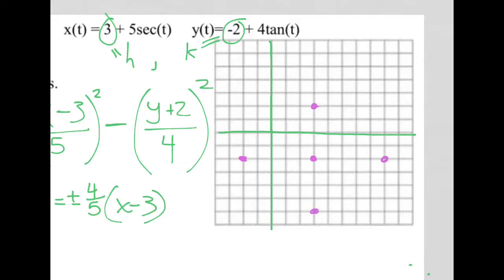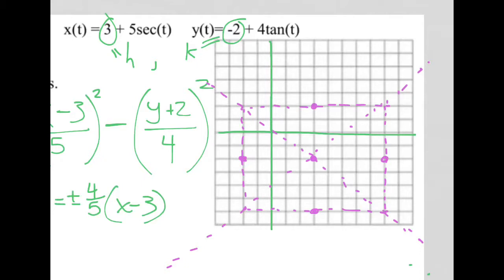I'm going to use that to draw in my box because this is a hyperbola, since I'm dealing with secant and tangent, not sine and cosine. So there's that, and I can draw in my asymptotes, just like that, in both directions.